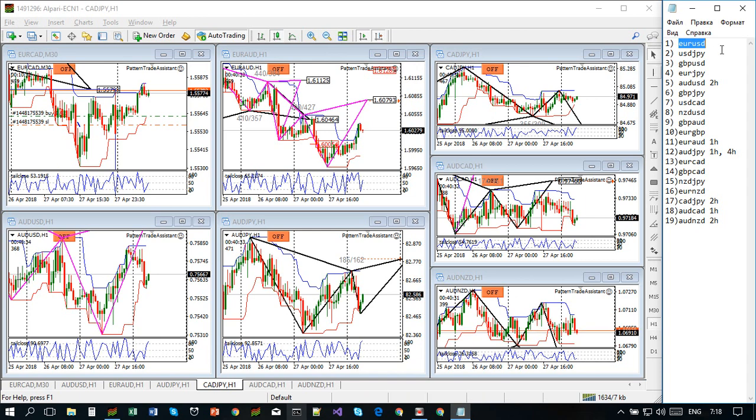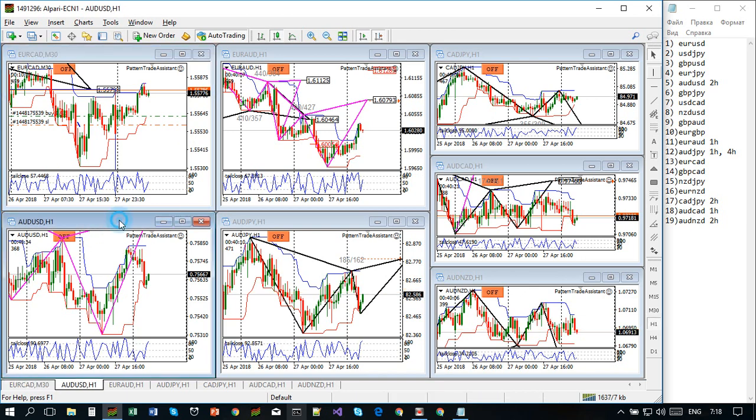That's why I have this priority. I first check Euro-Dollar, then Dollar-Yen, then Pound-Dollar, then Euro-Yen, and so forth. And when I create this default screen to see all these pairs, they are also found according to this priority.